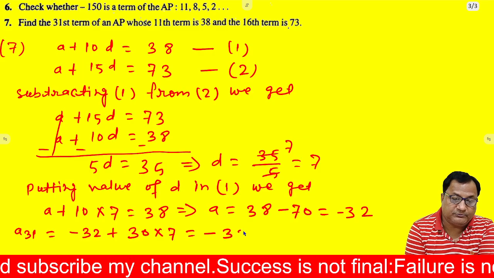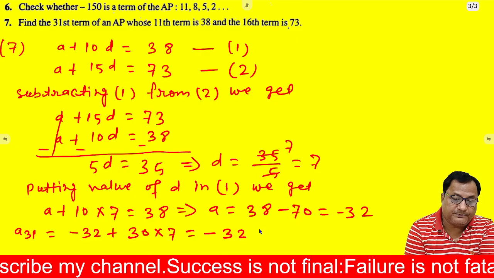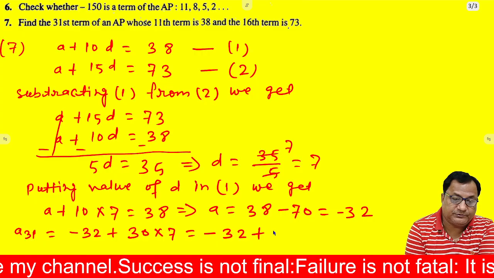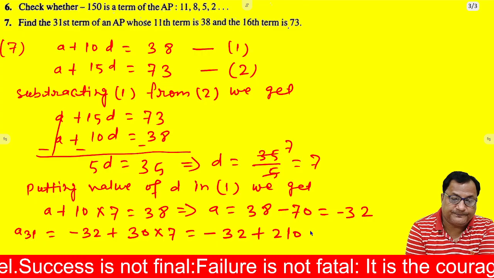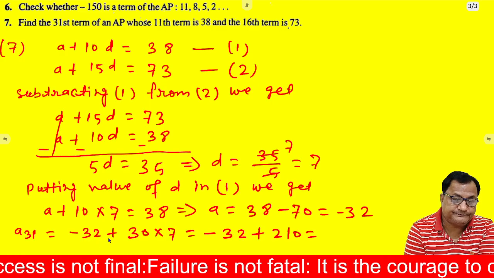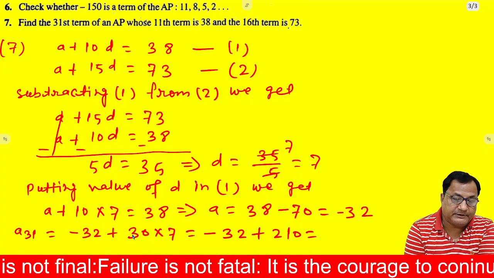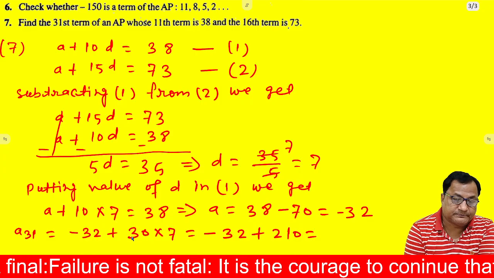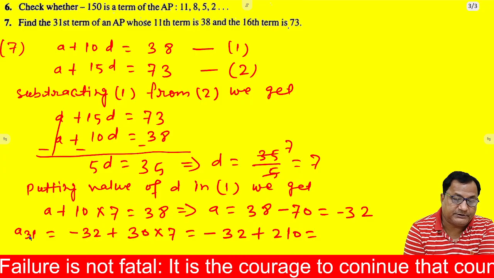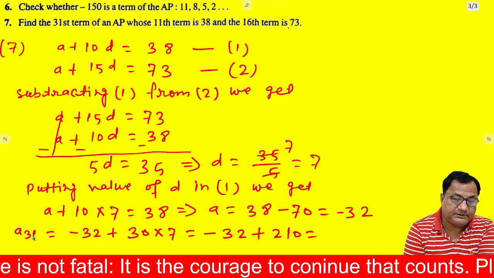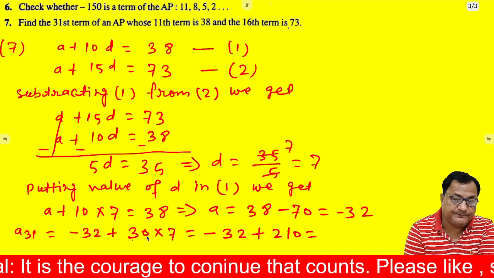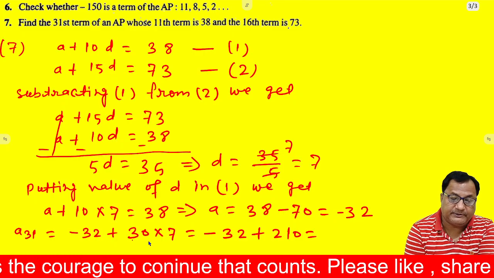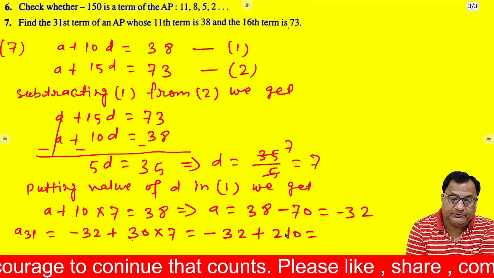Minus 32 plus 210. Here it will be 30 because n minus 1: we have to find the 31st term, so n minus 1 will be 30 and d is 7, so we have multiplied this.